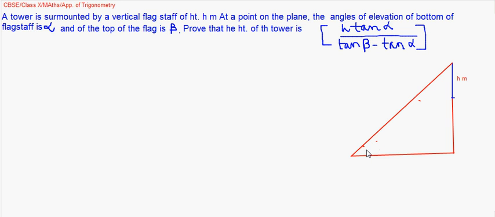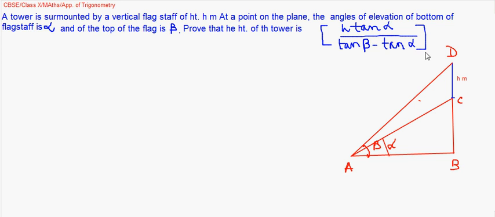No, so this needs to be beta, and alpha will be from the bottom of the flagstaff, so this will actually be alpha. Let me just name B, C and D.